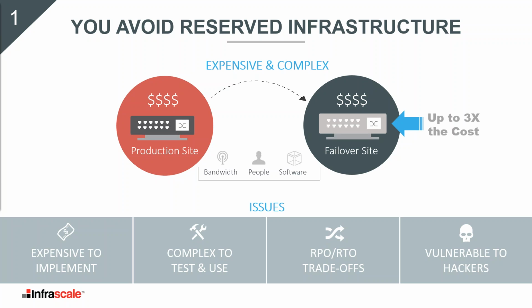You have a production site that replicates to the failover site, but because of the bandwidth, the people, and the software involved, it can cost up to 3 times as much to set up a proper DR solution. On top of the expense to implement, it's complex to test and to use. It's vulnerable to hackers because security isn't built in. So you really want to avoid reserved infrastructure, but you still want on-demand failover.